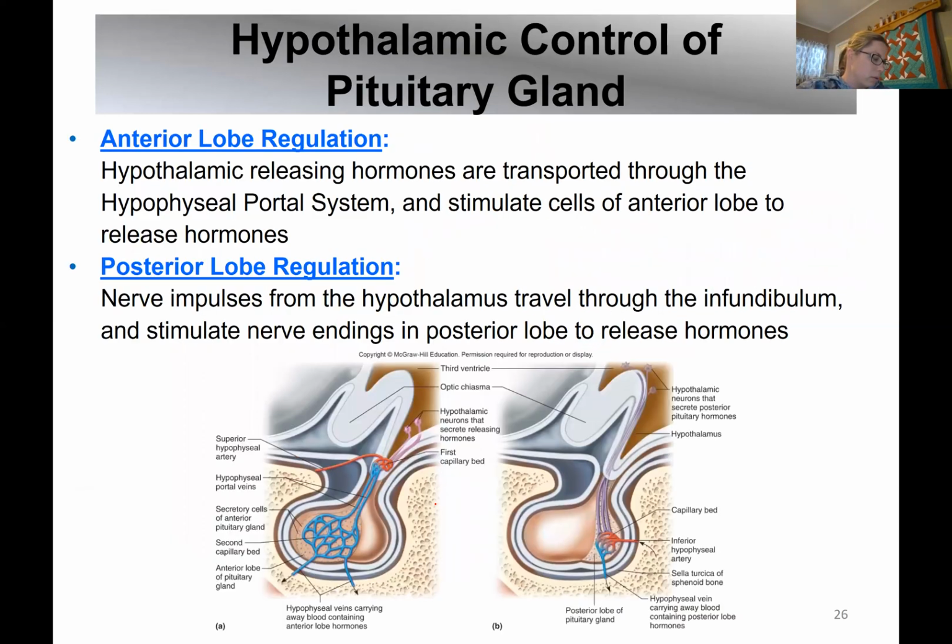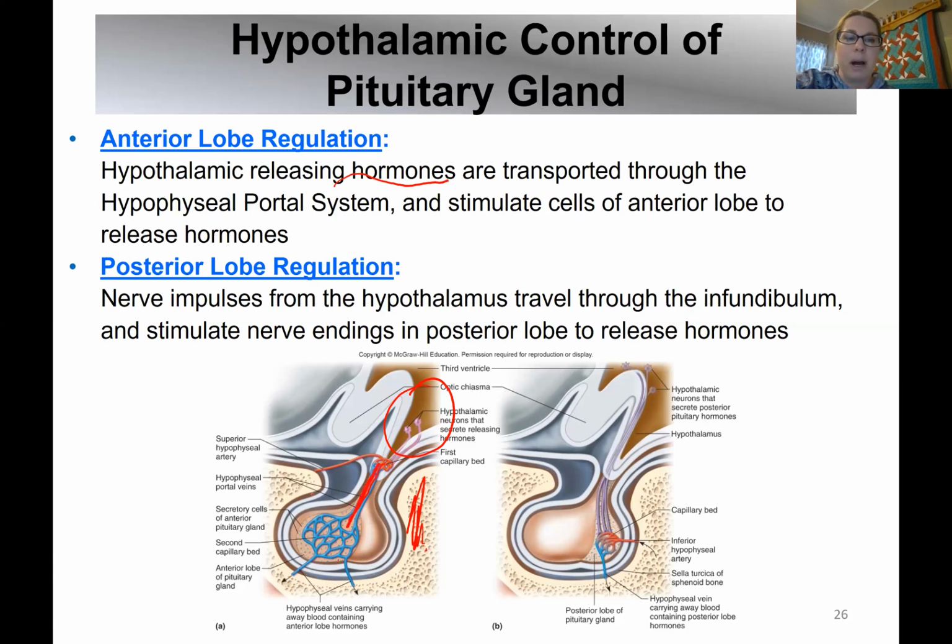The anterior lobe is going to be stimulated by the hypothalamus hormones. Okay, so if we look down here at this diagram here, up here's our hypothalamus. When the hypothalamus wants to tell the anterior pituitary to tell another endocrine gland what to do to release hormones, it's going to send its tropic hormones through this bloodstream here.